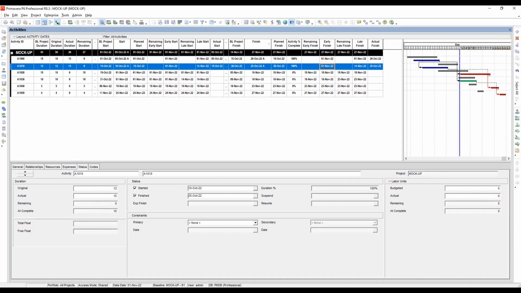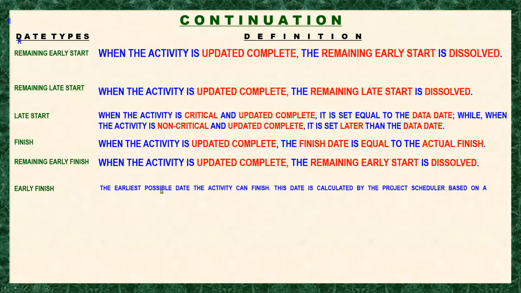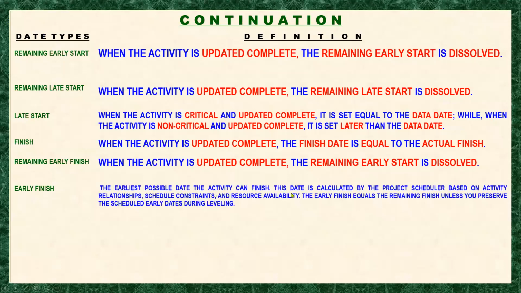Okay, so let's move it here. Early finish, according to Primavera, the earliest possible date the activity can finish. This date is calculated by the project scheduler based on activity relationships, schedule constraints, and resource availability. The early finish equals the remaining finish unless you preserve the schedule early dates during leveling.